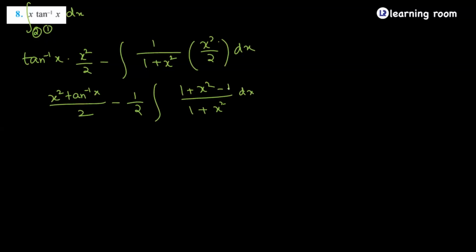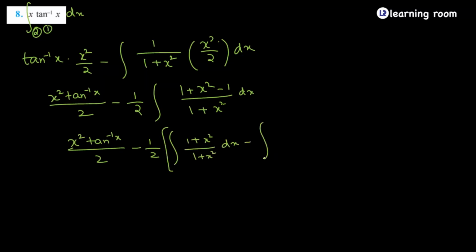So when I do this, I'll have x square tan inverse x divided by 2 minus half into integral of, opening a bracket, 1 plus x square divided by 1 plus x square minus integral of 1 divided by 1 plus x square dx. So this and this will get cancelled.